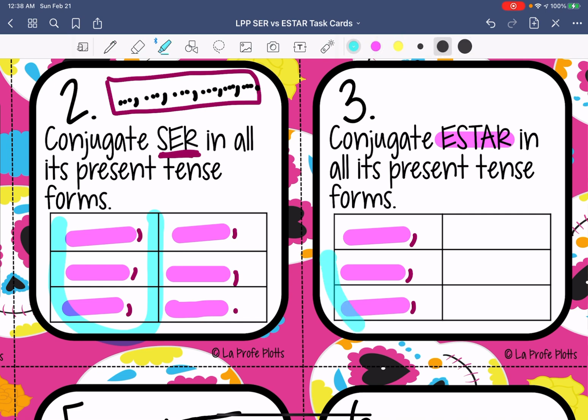Then we're going to move back to the top. The nosotros form, comma, vosotros form, comma, and finally, the ellos, ellas, or ustedes form, period. So you're going to do both of these in the same way. Make sure that you include the correct spelling and accent marks if needed.